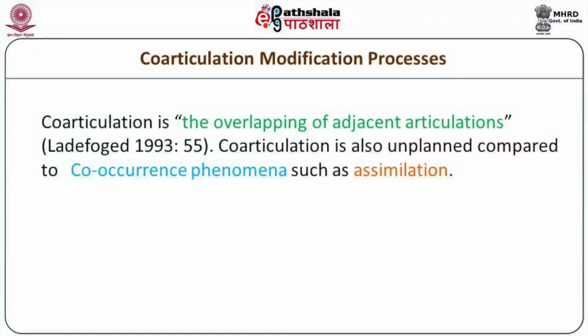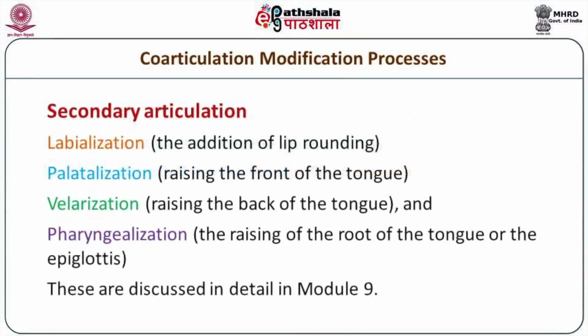One major type of co-articulation modification is secondary articulation that we have looked at before. Processes such as labialization, palatalization, velarization are examples of co-articulation type of modification processes. We are not going to give examples here because we have discussed them at sufficient length in the previous modules.